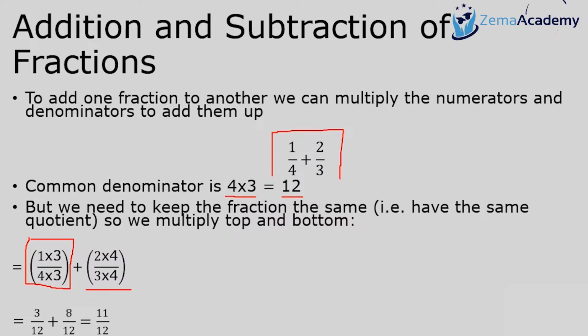That means I end up with 2 new fractions, but they do, believe me, have the same information in them: 3 over 12 plus 8 over 12. Now, we can add those up really easily by just adding the numerators together. 3 plus 8 is 11, so 3/12 plus 8/12 equals 11/12.